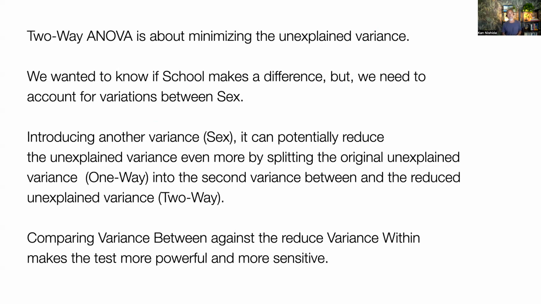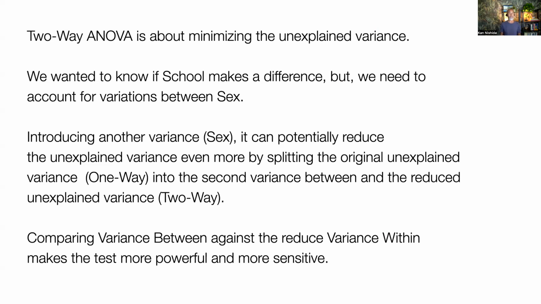And introducing another variable, in this case sex, can potentially reduce the unexplained variance even more by splitting the original unexplained variance into the second variance between and the reduced unexplained variance. So that's the two-way. And comparing variance between against the reduced variance within, or unexplained variance, makes the test more powerful and more sensitive.